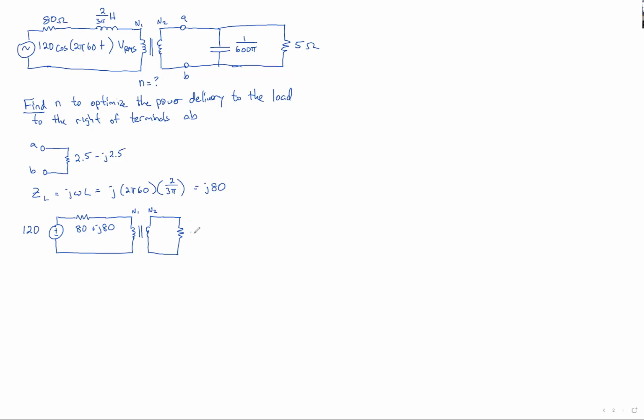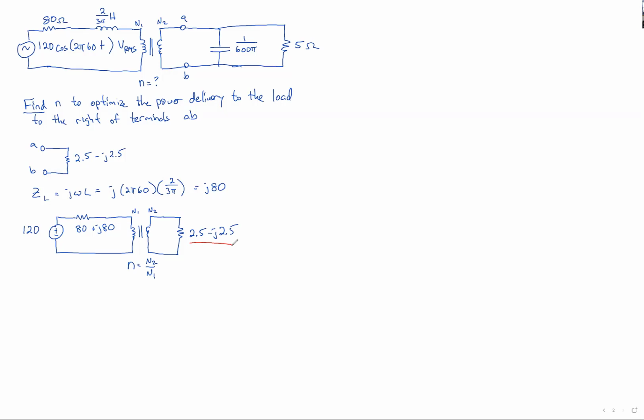And the load looks like this, 2.5 minus j2.5. And the question is, find the ratio of coils defined as the secondary to the primary, N2 over N1, that maximizes the average power dissipated by our load, where this is our load.